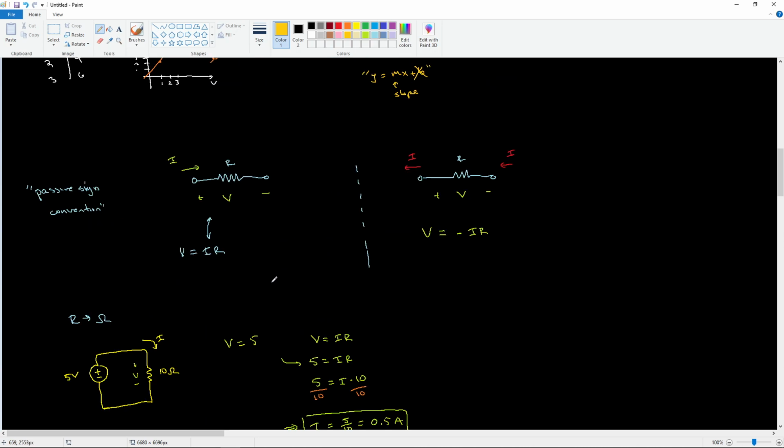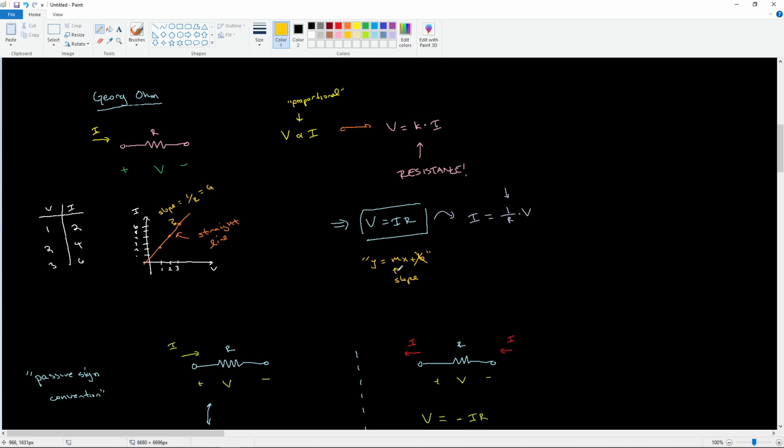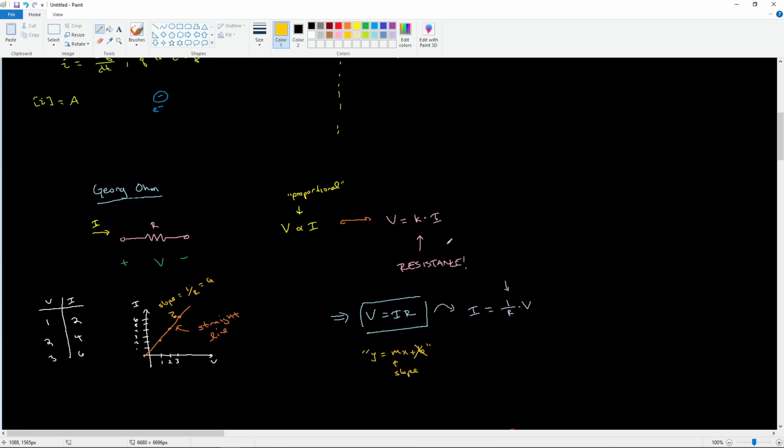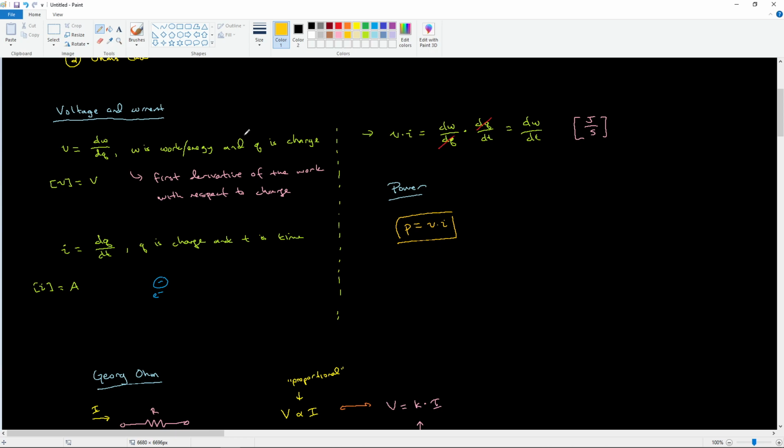And I'll just end by showing again that V is equal to IR. That is one of the topics that we talked about today, and also the definitions of voltage and power. So now that we have these baseline skills, we can use these when moving on to analyzing slightly more complex circuits.